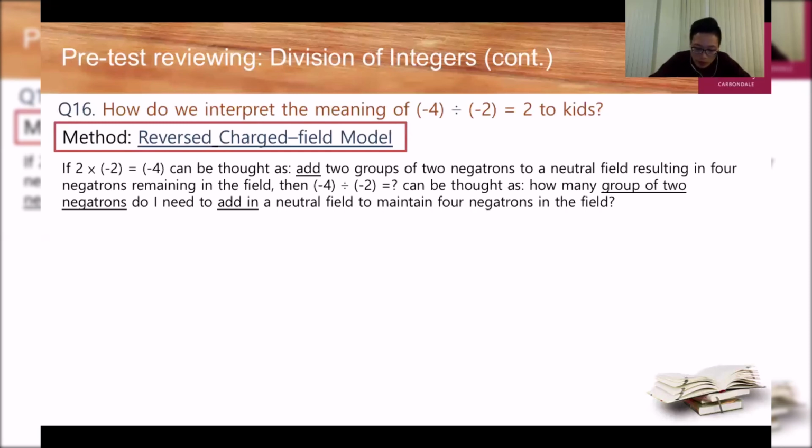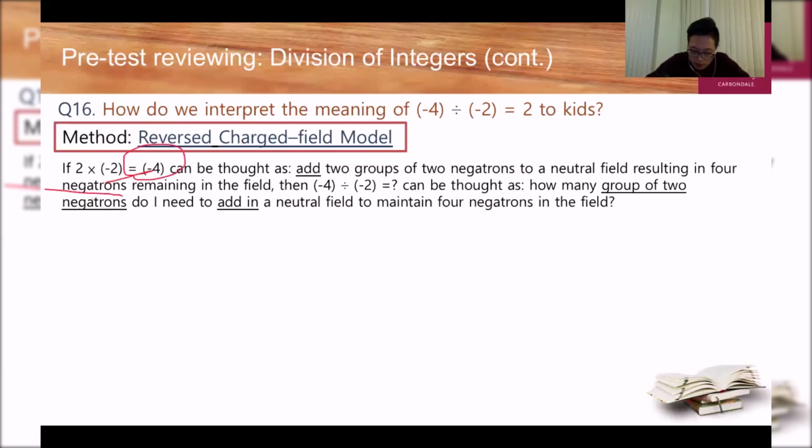Okay, so add 2 groups of 2 neutrons. So 2 neutrons here is a multiplier, right? To a neutral field, result in 4 neutrons remaining in the field.